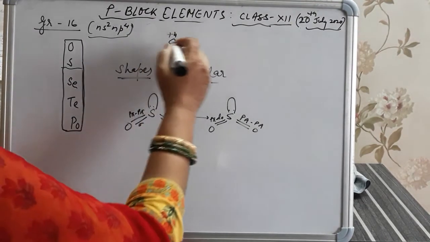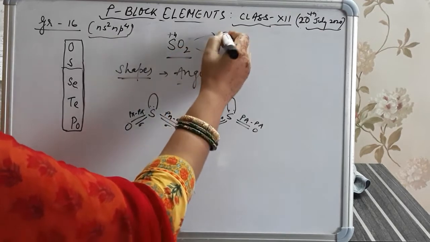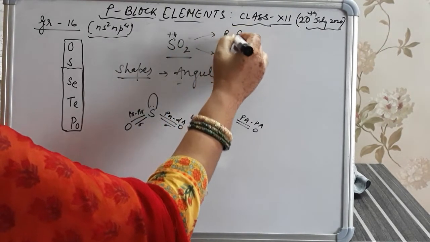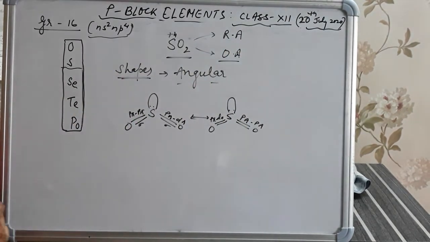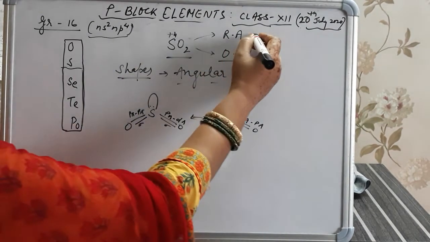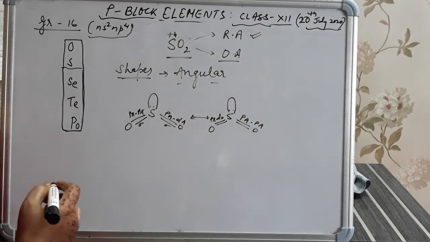So students, sulfur at +4 oxidation state behaves as a reducing agent as well as an oxidizing agent. In the previous video we discussed the reducing property, in which we saw the pink color of potassium permanganate change into colorless, and potassium dichromate change into colorless.